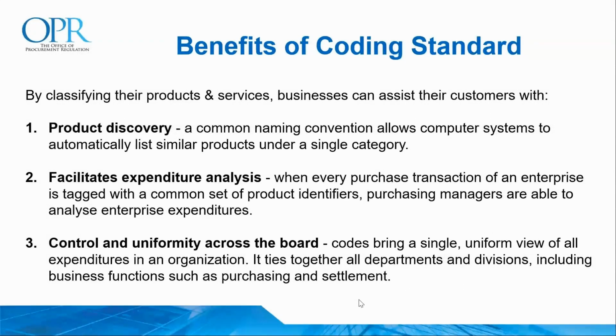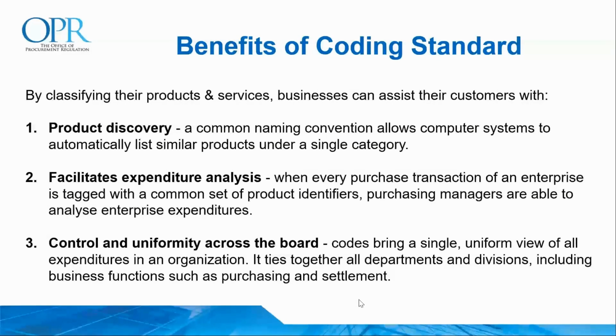The second benefit is the facilitation of expenditure analysis. When every purchase transaction of an enterprise is tagged with a common set of product identifiers, purchasing managers are able to analyze enterprise expenditures. And again, if we make reference to the example before, you will be able to analyze spend at the family level, at the class level, and down to the commodity level.